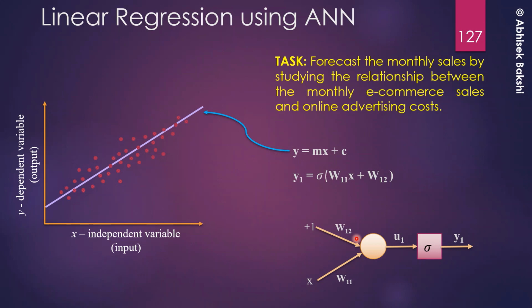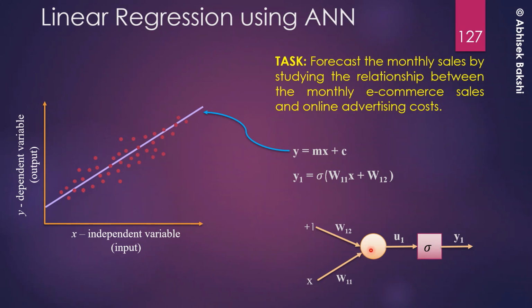And your input will be through this particular neuron only, because we have only one input, the advertising cost. So only one neuron. That's why you have only one output, that is the monthly e-commerce sale. And the other things remain the same as you have seen in the McCulloch-Pitts model.